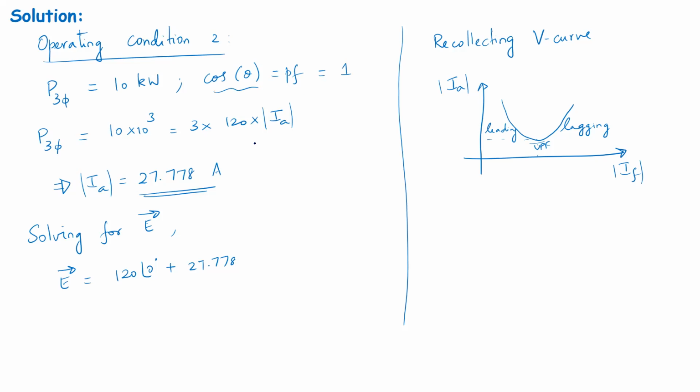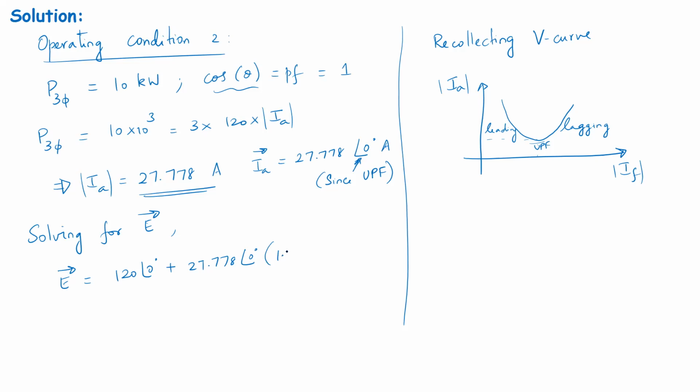Because this is unity power factor, my theta will be 0 degrees, because the current will be in phase with the voltage. So my IA vector, let me just write it so that you don't miss it out: since unity power factor, UPF, the angle is 0 degrees. Very important. The unit will be amperes.